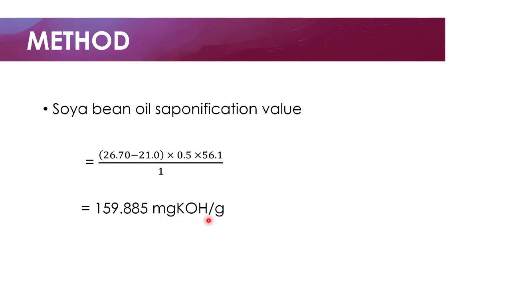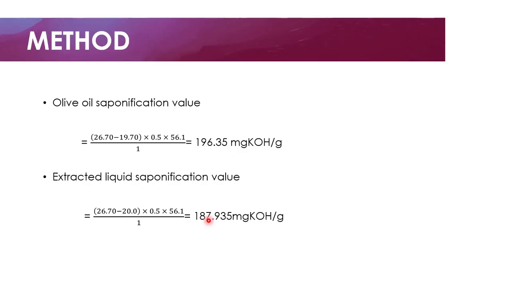For the olive oil, if you put our values into the equation, we will get a saponification value of 196.35 milligrams of potassium hydroxide per gram. For the extracted lipid, we are getting a saponification value of 187.935 milligrams of potassium hydroxide per gram.